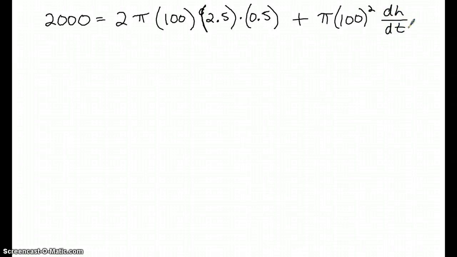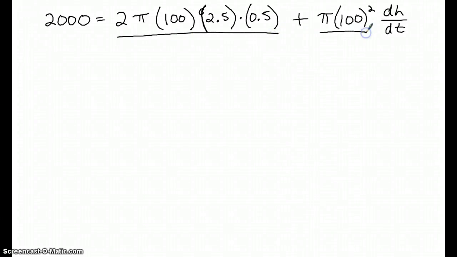So I think I've got all the substitutions correct, and this is a calculator allowed question, so we would multiply here, subtract this from 2,000, and divide by our coefficient in front of dh/dt.